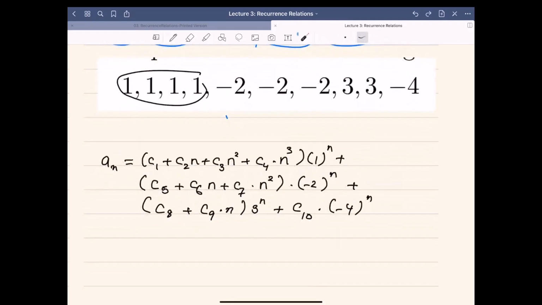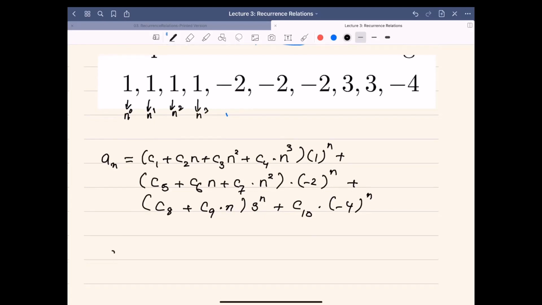Or, if we don't want to multiply the root by the polynomial, if we want to just distribute the root over the polynomial directly, and there is no need to know how many times the root is repeated, we can do the following. Below every root, you say that this will be n raised to power 0, this will be n raised to power 1, and this is 2, and this is 3.